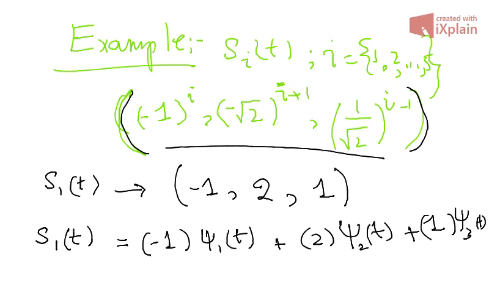So this is the equation of my signal. Psi1 is scaled by -1, psi2 is scaled by a factor 2, and psi3 is scaled by a factor 1.